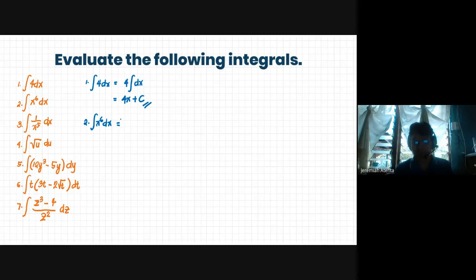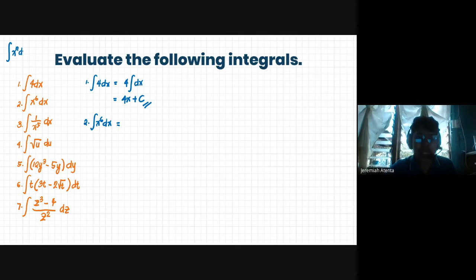So we have B. According to theorem B, we have the integral of x to the n dx that is equal to x to the n plus 1 over n plus 1 plus c. Right? So we will have here, our n is 6. So we will just increase it by 1. So you will have x to the power of 6 plus 1 over 6 plus 1. Then you have plus c.